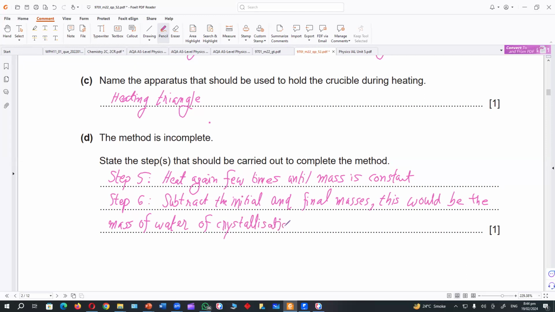And the difference will be the mass of water of crystallization. Divide it by 18 to find n.